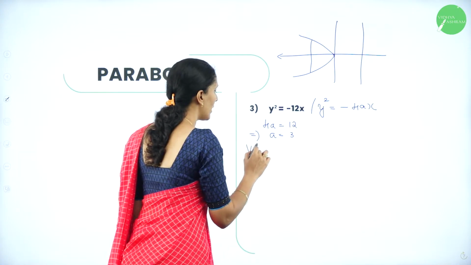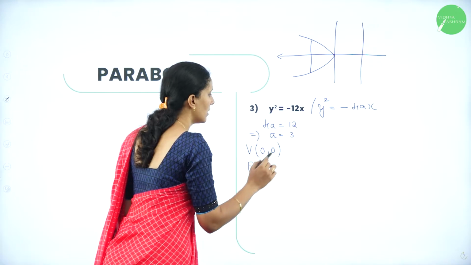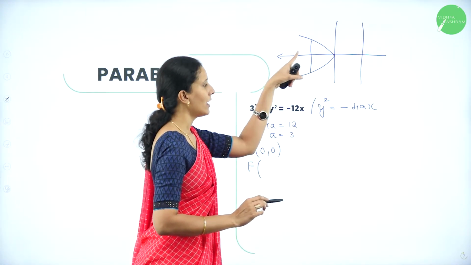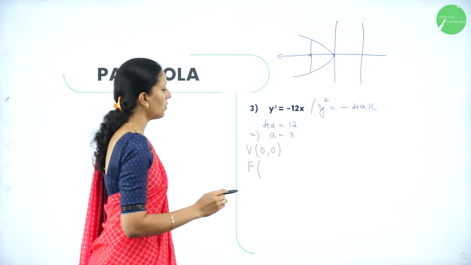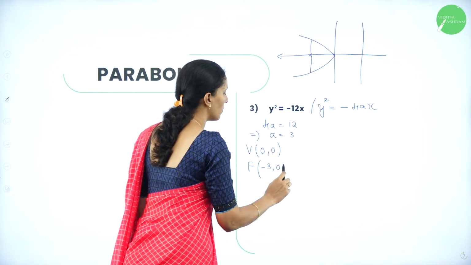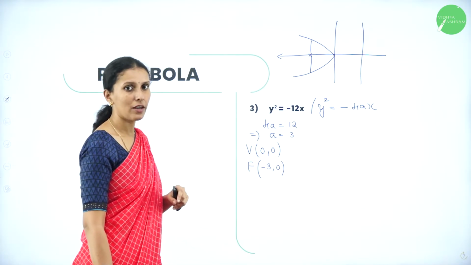So now what is the vertex? It is (0, 0). What is the focus? Since we have a negative, a here must be written as a negative value. So therefore the focus becomes (minus 3, 0), because the focus lies on the negative side of the x-axis.